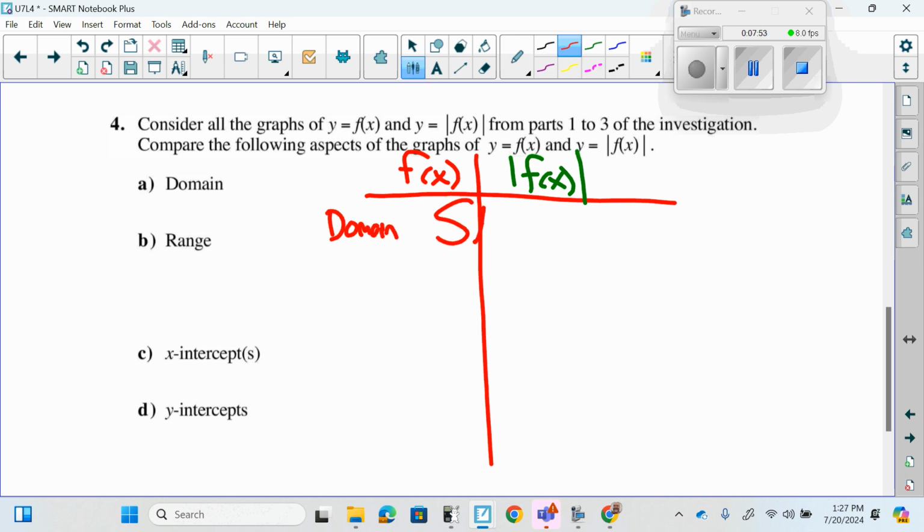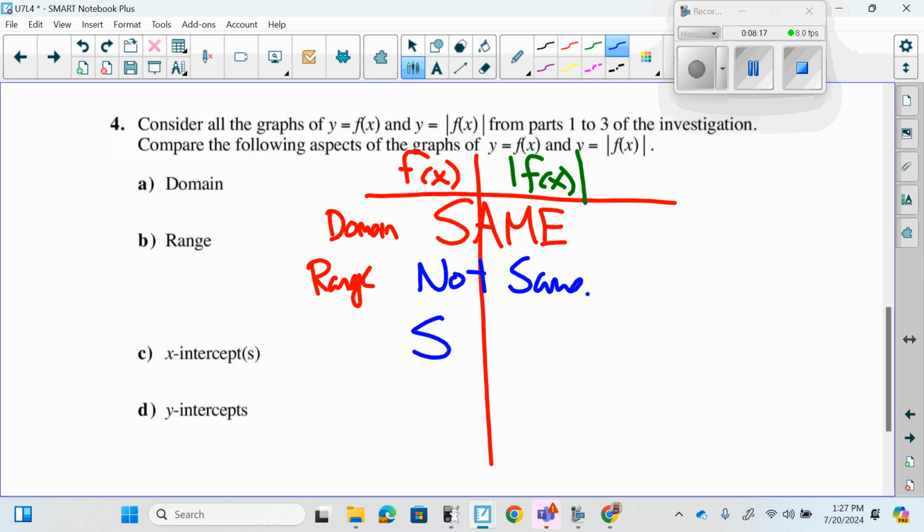The range is different. Let's just say this. Not the same. X-intercept, same. Y-intercept might be the same. But x-intercepts are definitively the same, and the domain is definitively the same. That's the part where I think they want us to go with that.